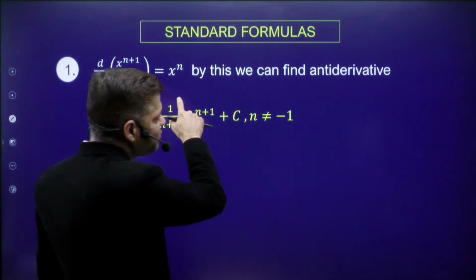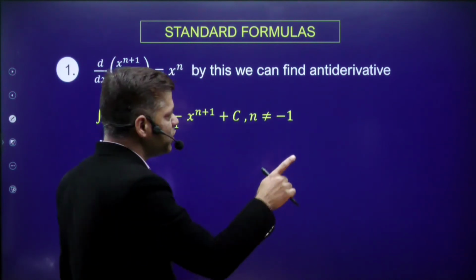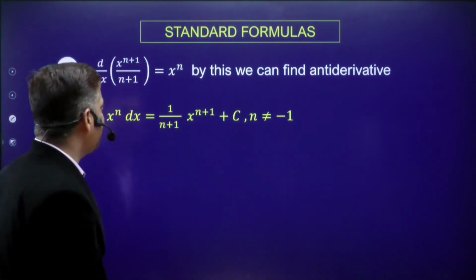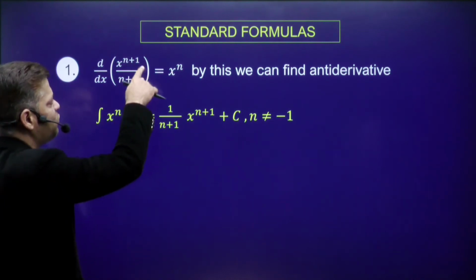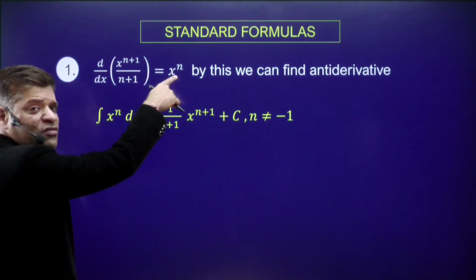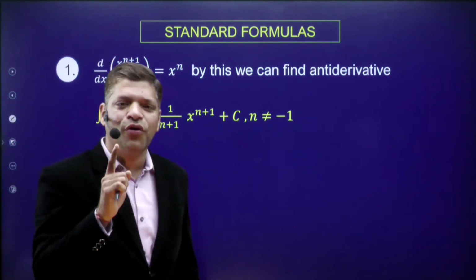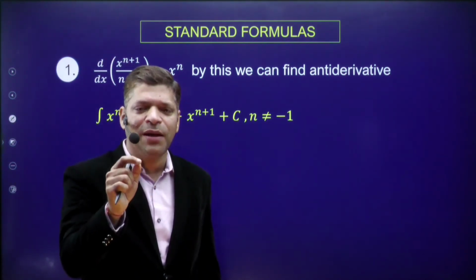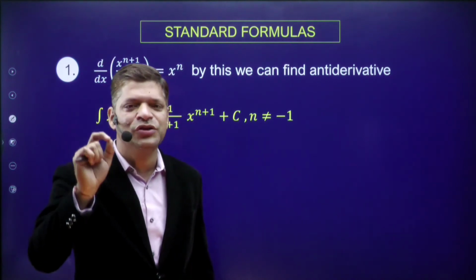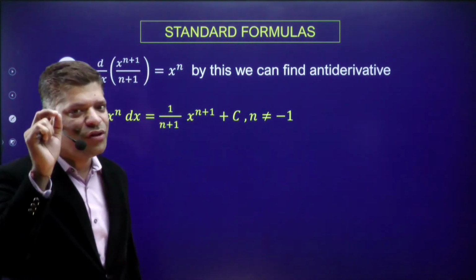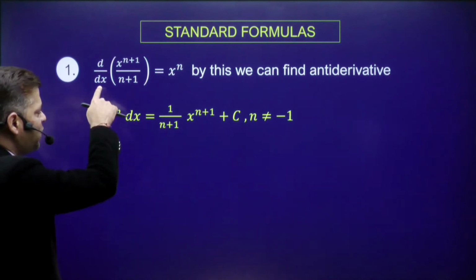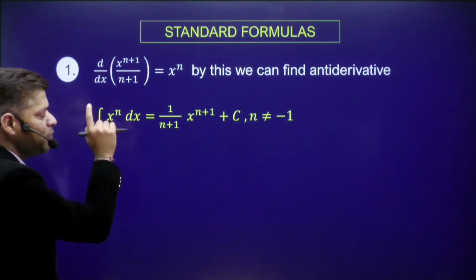Now by this differentiation we can find the antiderivative. This is the antiderivative of x power n. When we say antiderivative of x power n, we apply the symbol of integration on x raised to the power n with respect to x, so we use the variable dx.